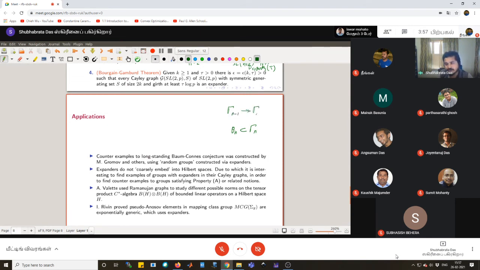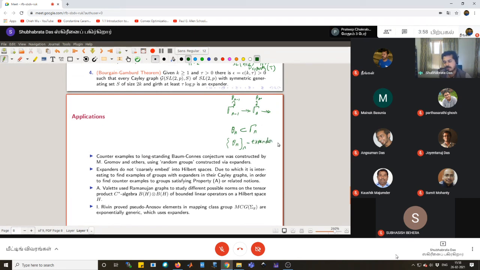In gamma_{n-1} I somehow embed a theta_{n-1}, and in gamma_n I embed a theta_n. And this way it goes on, and this family gives an expander.